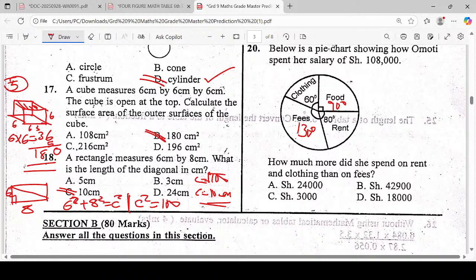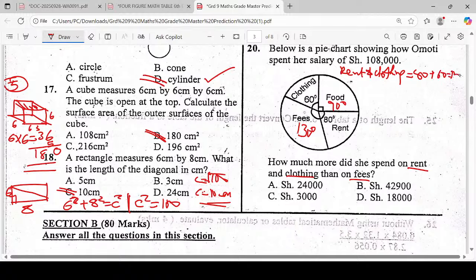So if they're asking how much more did she spend on rent and clothing than on fees? Remember, when you compare the angle degrees, rent is 80 plus clothing, that is 60.